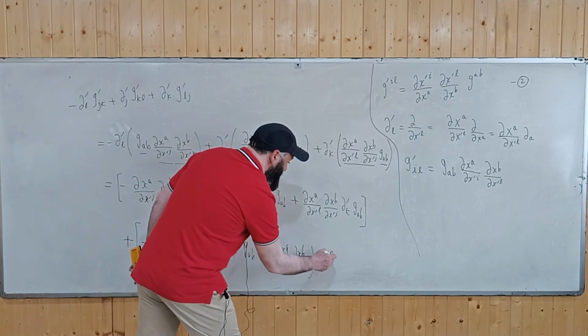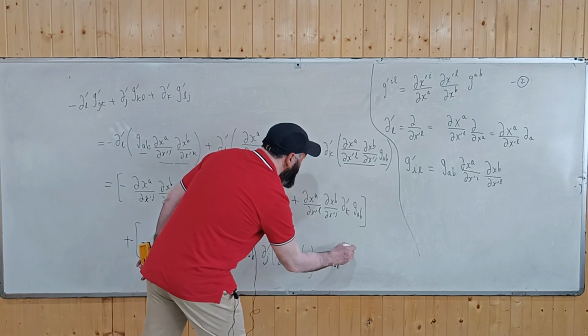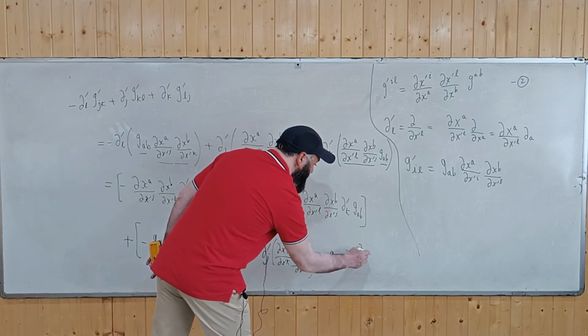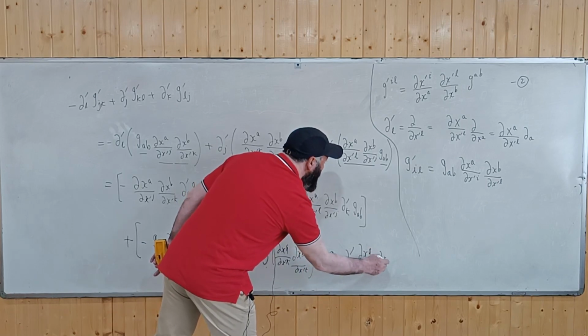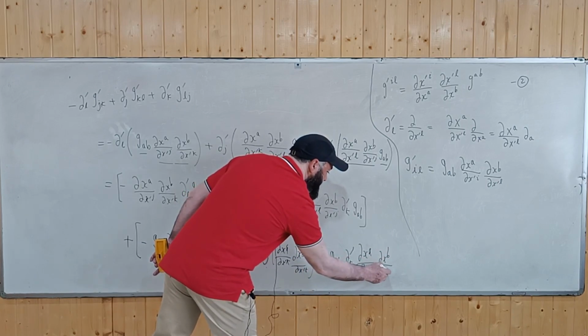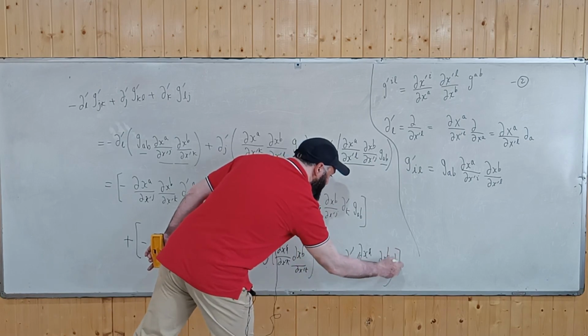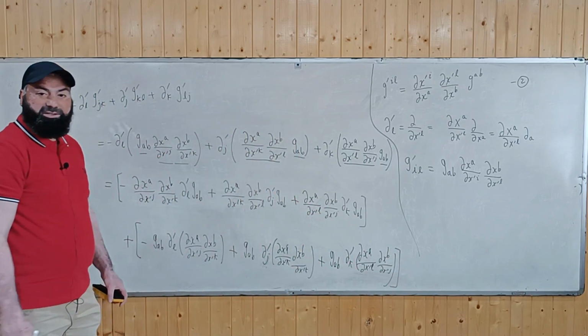Then you are having GAB partial prime K, partial XA by partial X prime L. Then you are having partial XB. Okay, so these are the rest of the 3 terms.